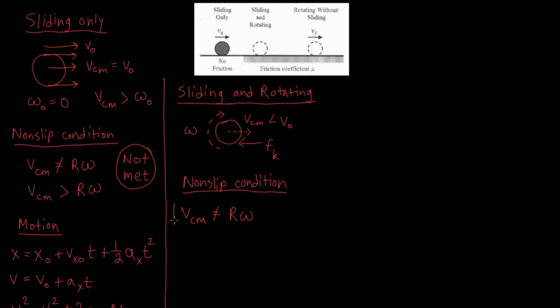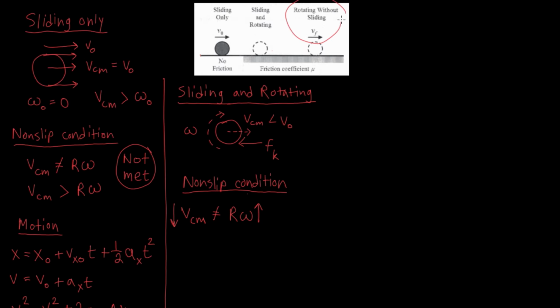So the speed of the center of mass is going to decrease because it's opposed by the frictional force, and the frictional force generates a torque. And that's in turn going to increase the angular speed. And so that's why the non-slip condition is still not satisfied.